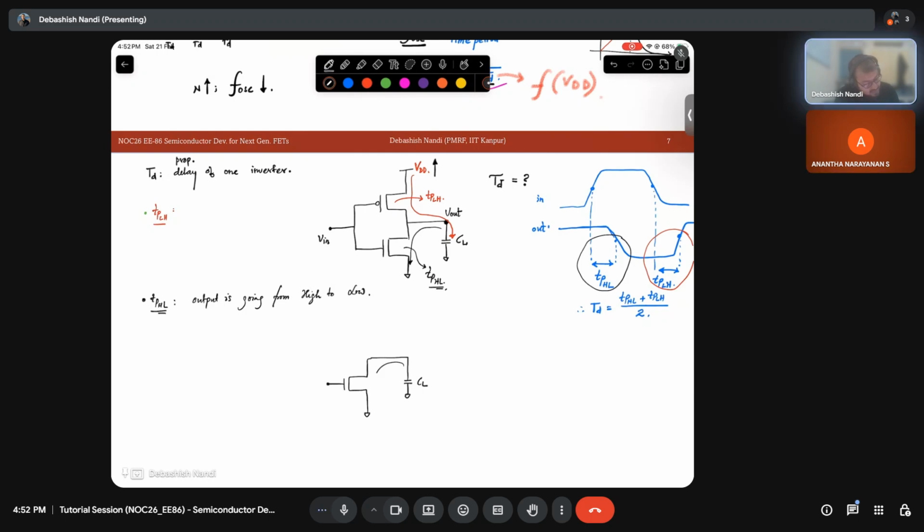CL is pre-charged to, let's say, VDD. So it will start discharging. We are already assuming it is charged up to VDD. This is the output node voltage.